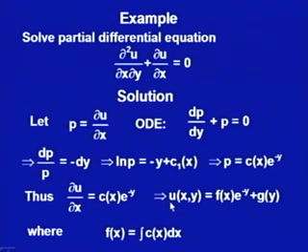So, what we have got is the solution of this given partial differential equation as f of x times e to the power minus y plus g of y, where f and g are again arbitrary functions.